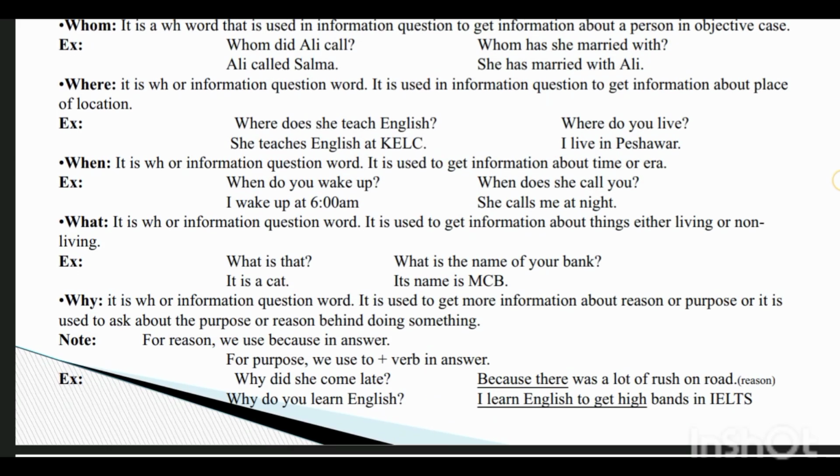For a purpose, we use to plus verb in the answer. Examples: why did she come late? Because there was a lot of rush on the road. It's a reason. And why do you learn English? I learn English to get a high band in IELTS. IELTS is the most important language test.